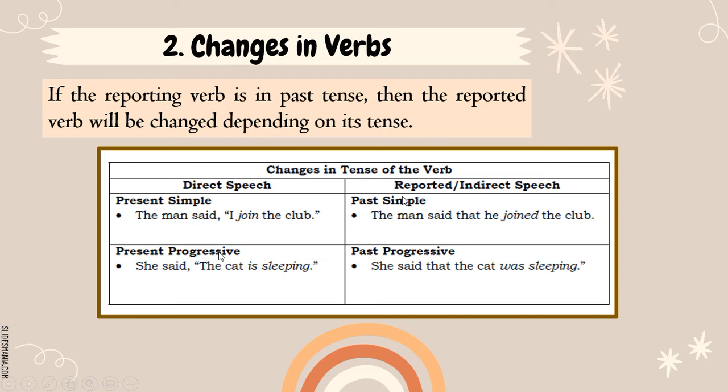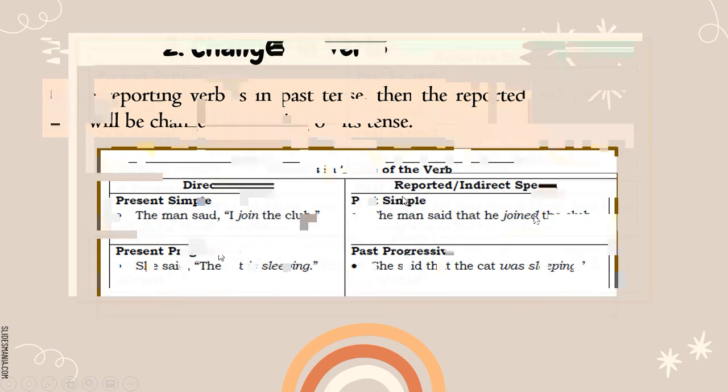Another, so we have here for the direct speech, present perfect. They said, "We have prepared snacks." For the past perfect, take a look at the change here. They said that they had prepared snacks. So, from the words have prepared, it becomes had prepared.